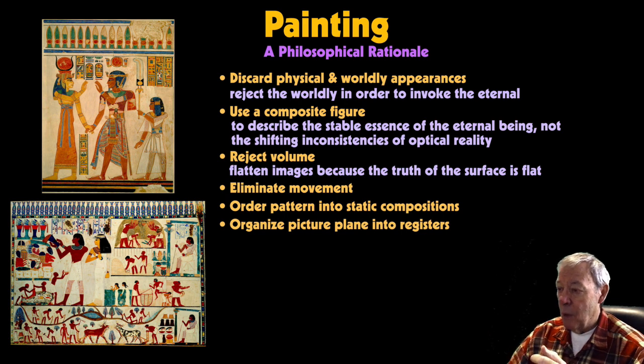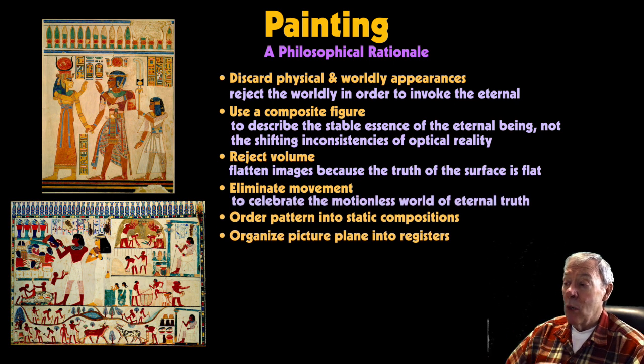Now, eliminate movement. Notice everything is very static in Egyptian art. There's no real sense of movement at all. Well, again, the idea here is to celebrate the motionless world of eternal truths, coming back to the eternities again. One characteristic feature of eternity is that it is truth, and that truth never changes.